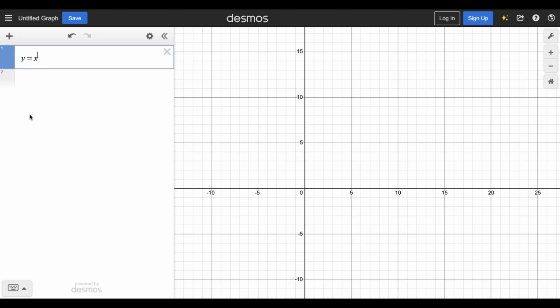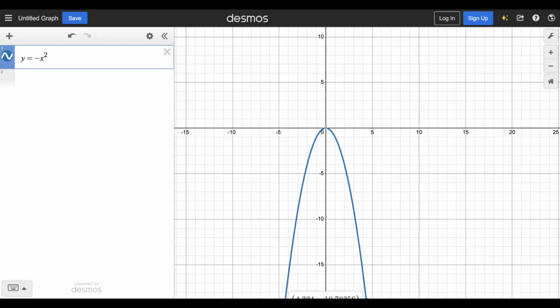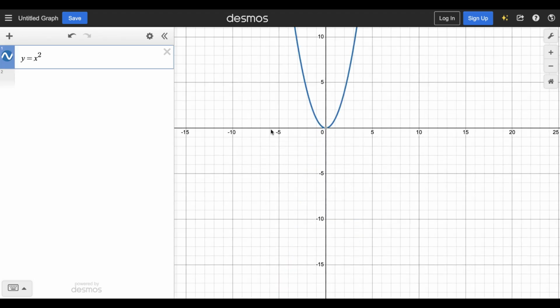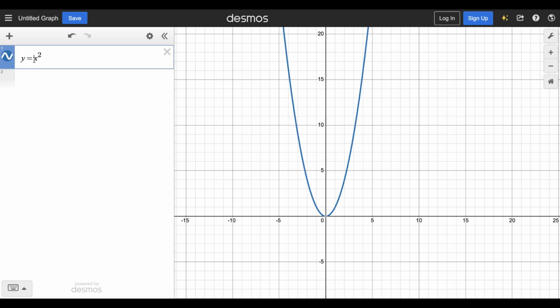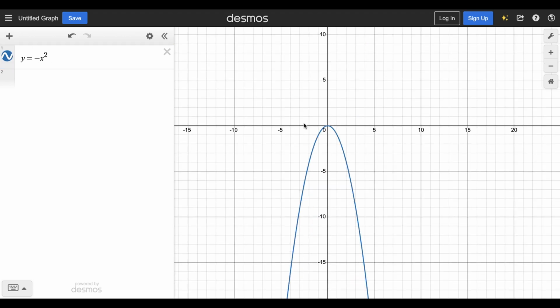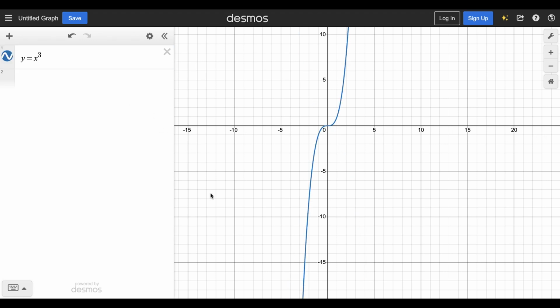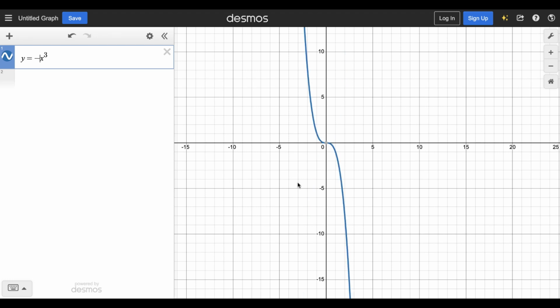And don't forget that if you put a negative sign in front, it flips it. So in this case, if you put a negative sign in front of y is equal to x to the second power, it's going to be reflected across the x-axis. And if I put a negative sign here, it flips across the x-axis as well.